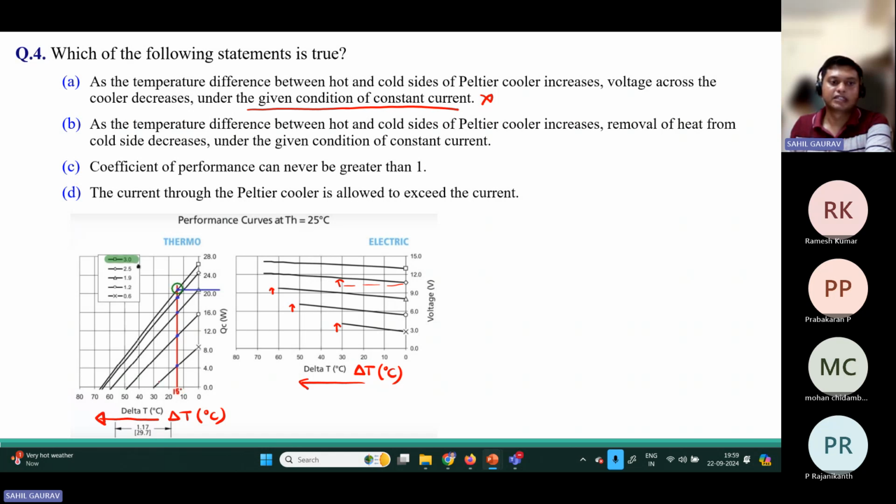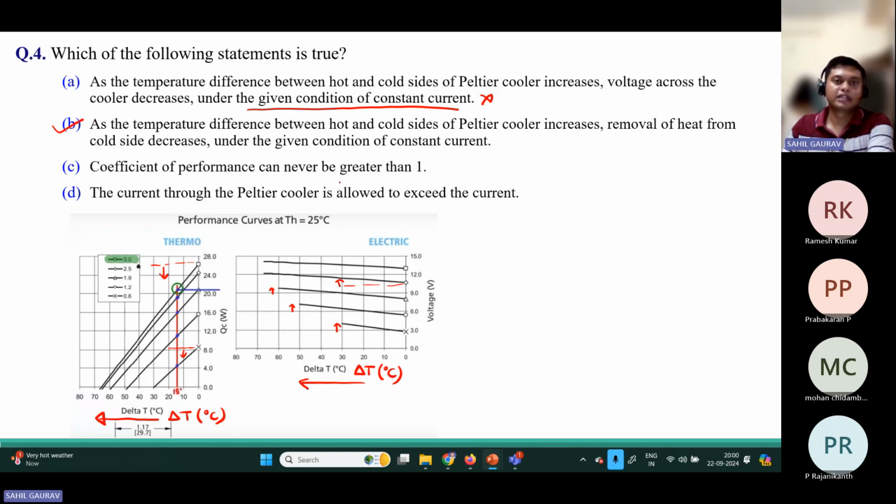Suppose for this 0.6 ampere current, starting from 8, it is going down. This is the starting value for 3 ampere current, and it is going down if you increase delta T. So the second option is correct.